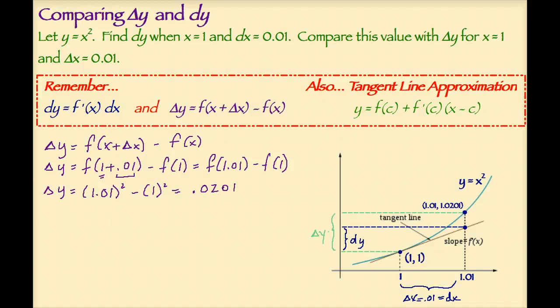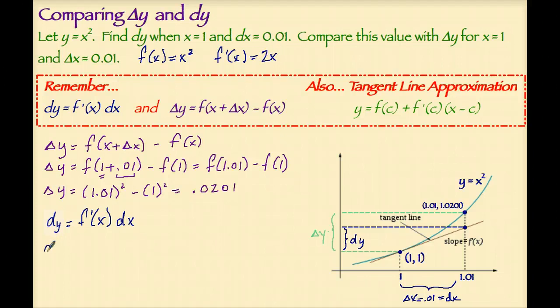Now let's calculate the differential. dy can be found by taking the first derivative at our target value, f prime of x, multiplying that by the differential, which in this case is 0.01. We're going to need the first derivative for this, so let's find it. If f of x is equal to x squared, then f prime of x will be 2x.